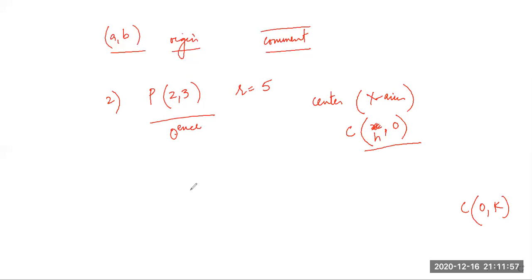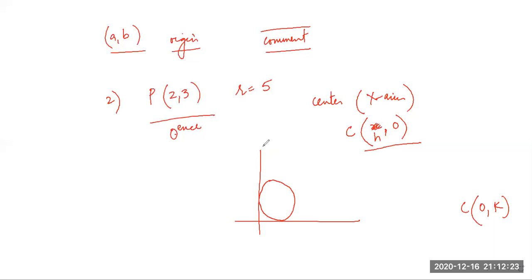In tomorrow's lecture, we'll discuss when circle touches x-axis, when circle touches y-axis, and when circle touches both the coordinate axes. It's like this. This is the circle which is touching both the coordinate axes. And general equation of a circle and questions based upon circle.